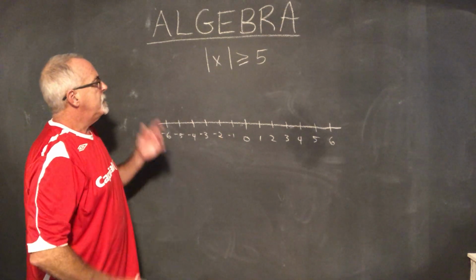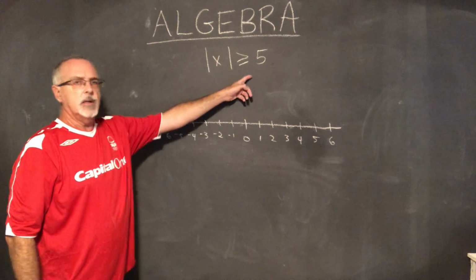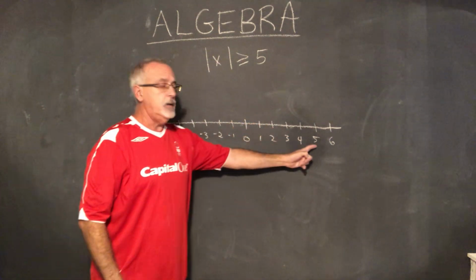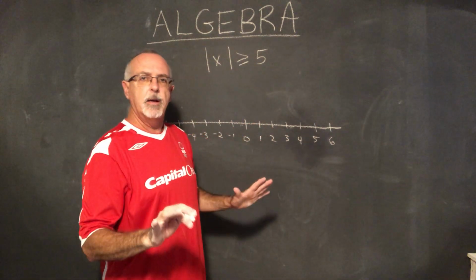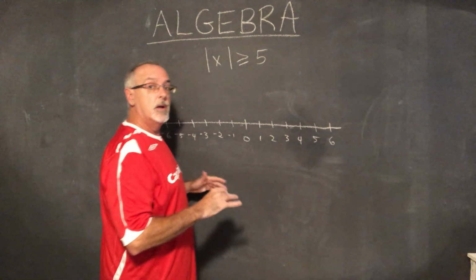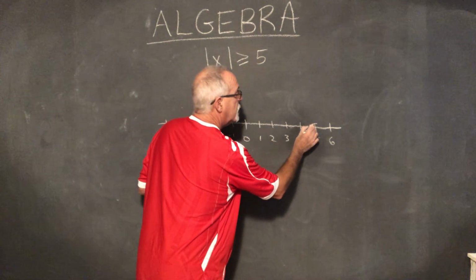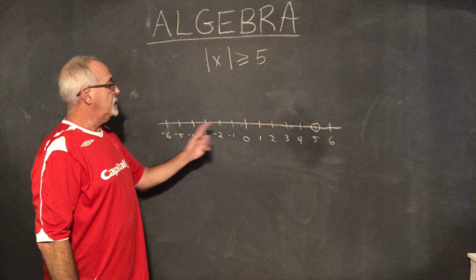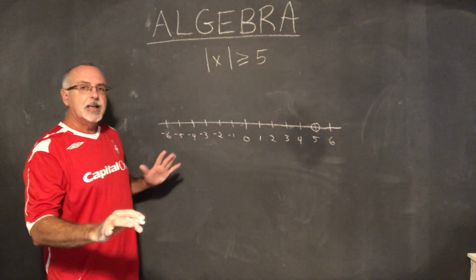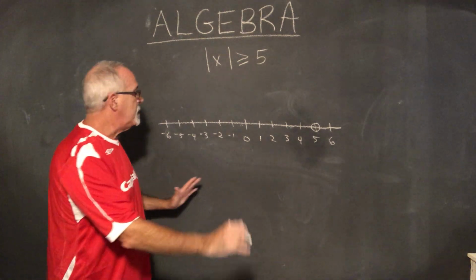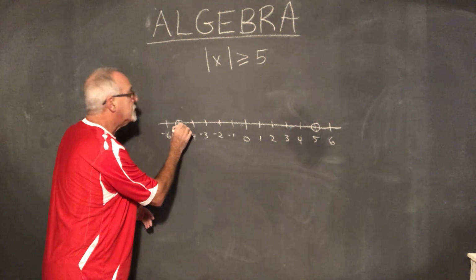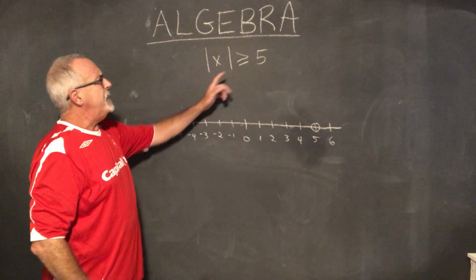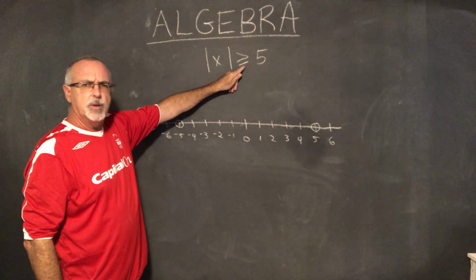Okay. Now, should I put a circle on the 5? I have a feeling I should, and I think I'm going to go out on a limb and start by putting a circle on there right now. Should I put a circle on the -5? Again, I might be going out on a limb here, but I think I will put a circle there. And then I have the "or equal to."